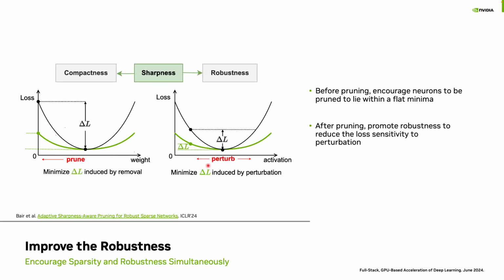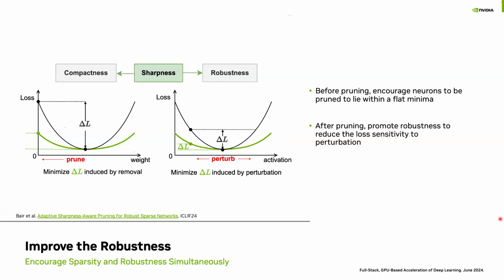But at the same time, for those kept parameters, if we also encourage them into a flatter minimum, then when we do some perturbation to these weights, it's also going to be more robust, inducing less loss change. So by encouraging the parameters into a flatter minimum, it actually promotes the robustness and, at the same time, encourages the compactness.